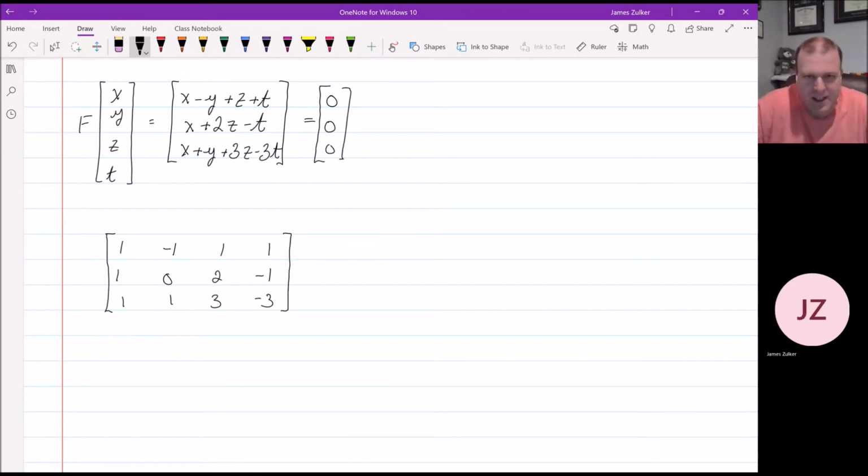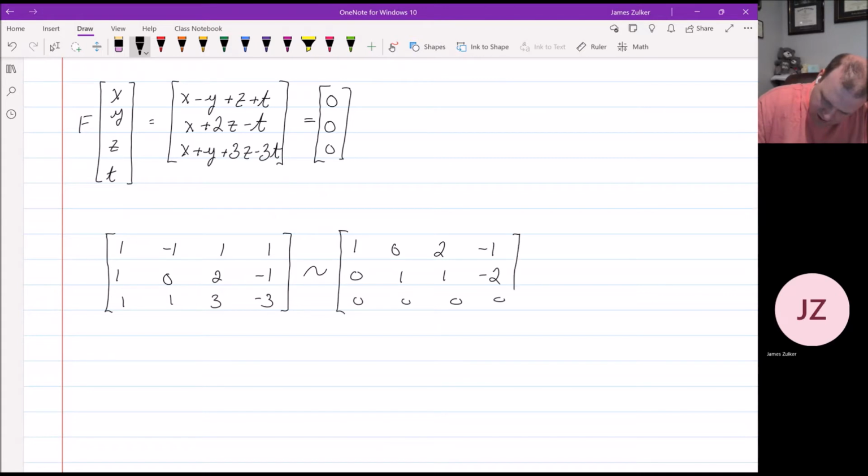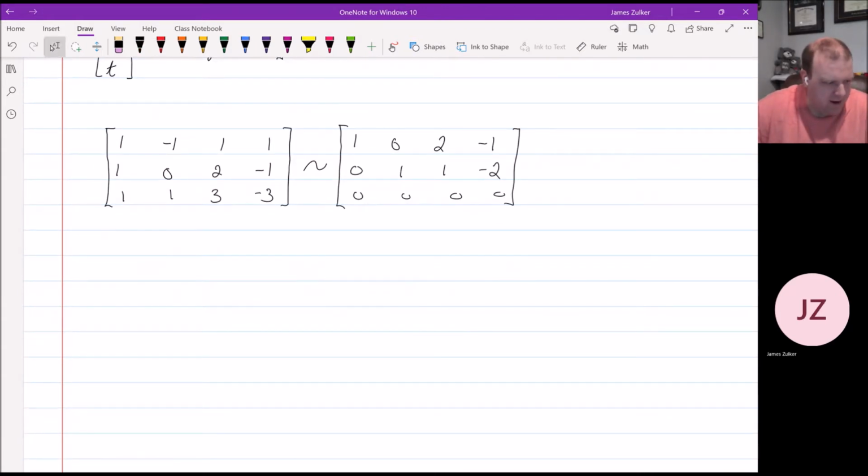Because that column is not going to change when we go ahead and row reduce this. So when we do row reduce it, this is what we get.